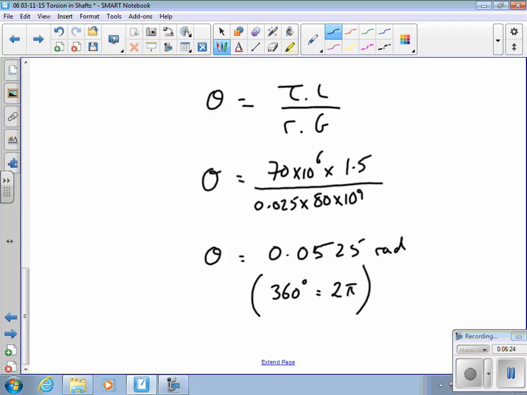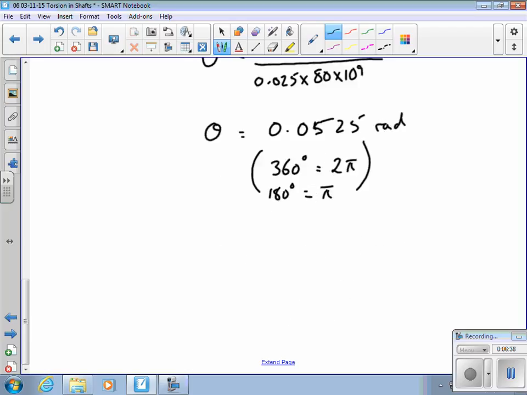So that means that 180 degrees is pi radians. So how do I convert? What do I need to know? If pi radians is 180 degrees, what would be handy to know? So if I divide both sides by 180, I'll get 1 degree equals pi over 180.